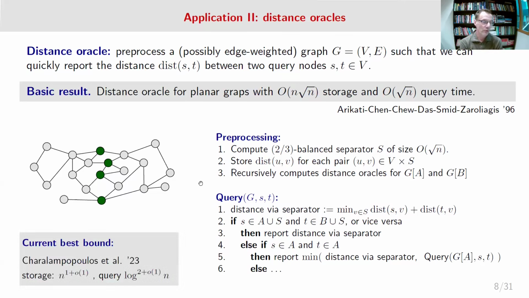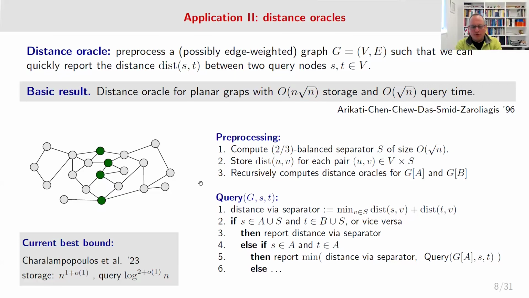By now, there's a much, much better bound for planar graphs that has near linear storage and an essentially logarithmic query time. So that's very, very nice. But almost all these improved algorithms for distance oracles somehow start with or also use some kind of separators.